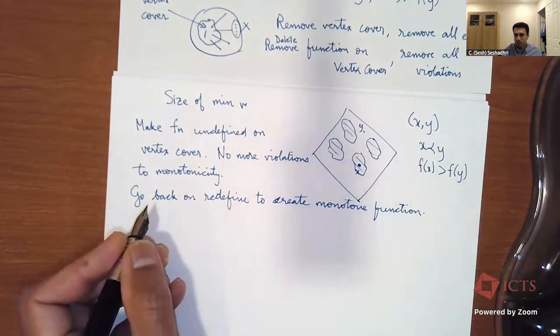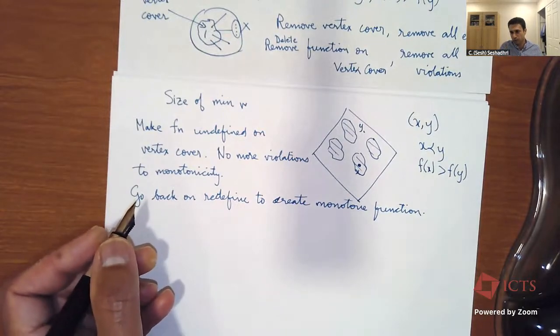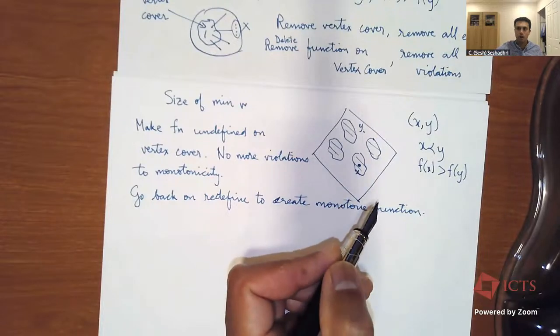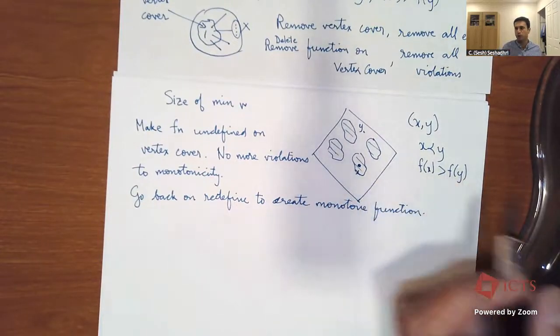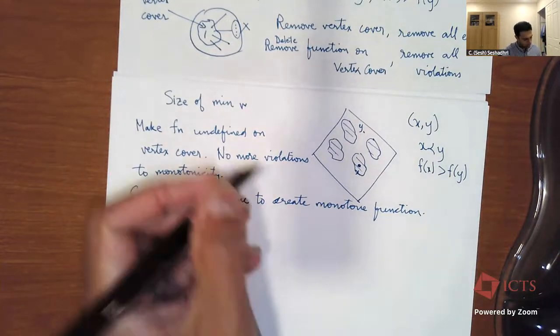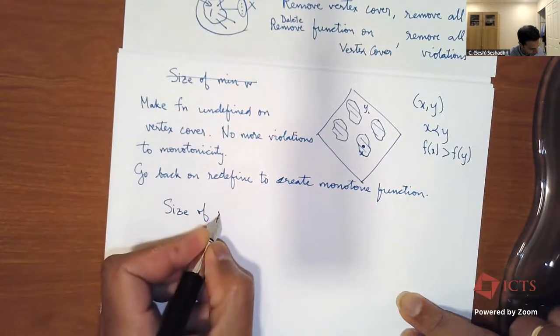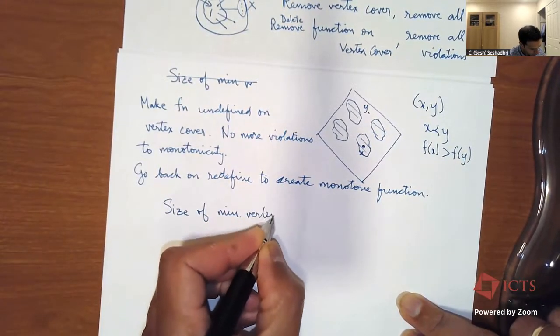This step involves a little bit of work: you have to prove that you can take a topological order of the DAG, and then at every undefined point, you look at all the previous points and take the max value amongst them. You can argue that when you finish this process, you will have no violations to monotonicity because you removed all of them when you deleted the vertex cover. Does this answer your question? Yes, thank you.